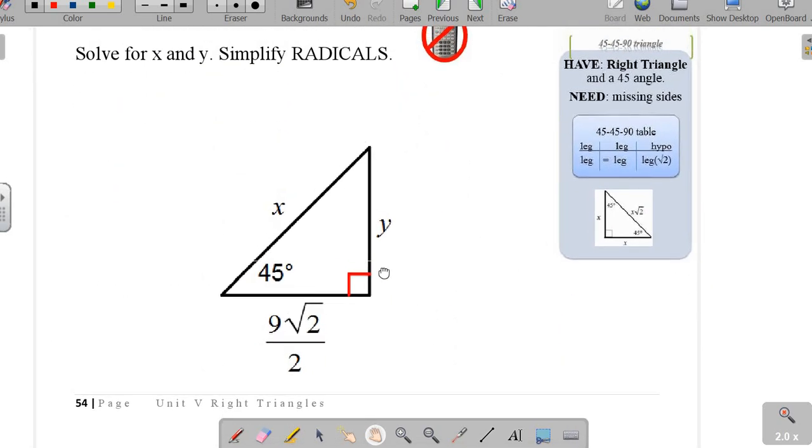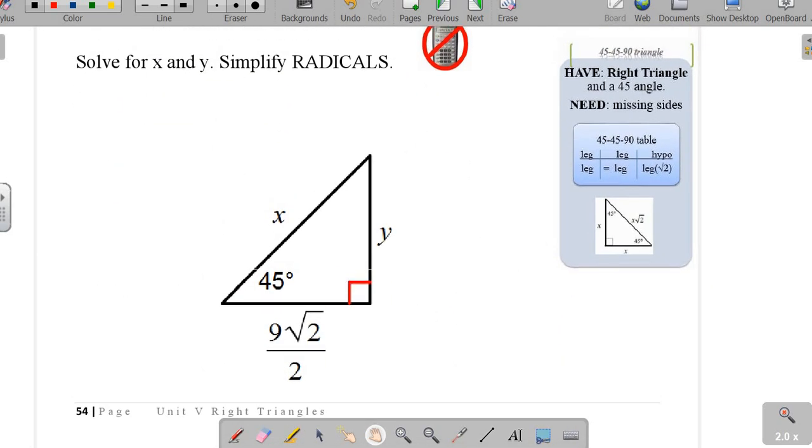Then here we have a 45, 45, 90, leg, leg, leg√2. Once again, I'm going to give you a 10-second lead. Solve for x and y.